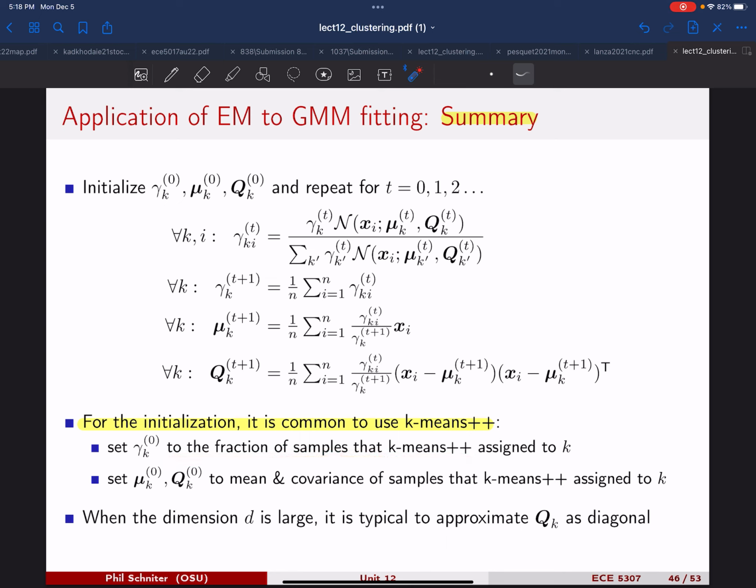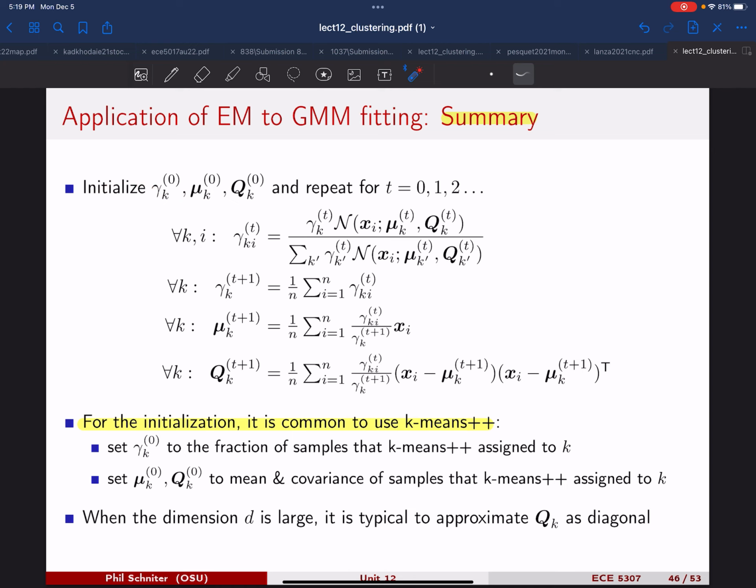And finally, you can initialize the mean and covariance quantities at the mean and covariance of the samples that k-means assigned to k. Okay, so we can basically use k-means plus plus to get these values, and then we run the EM iteration to fit the GMM parameters.